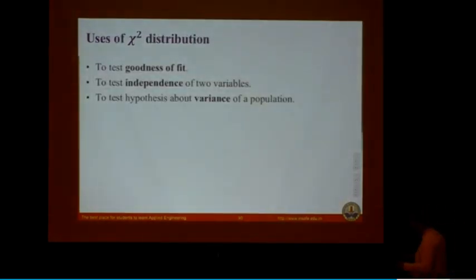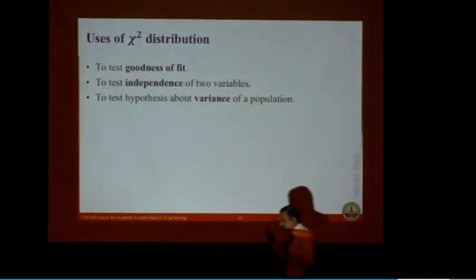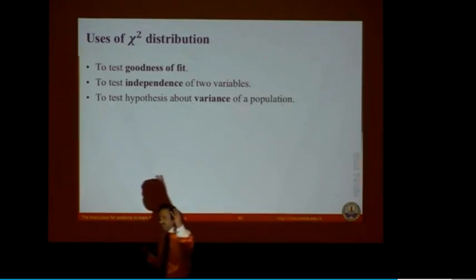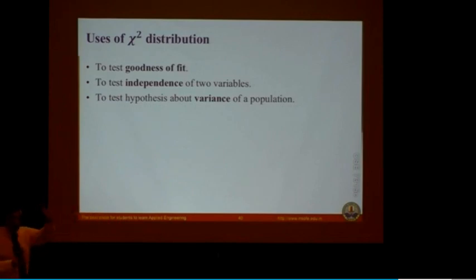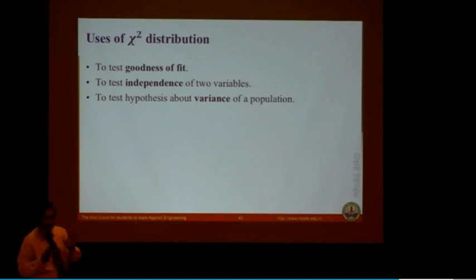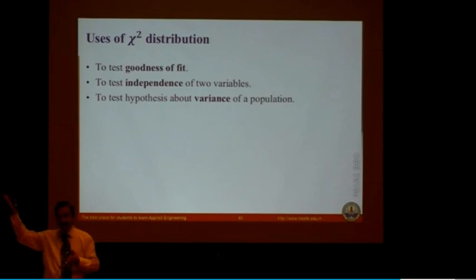So, chi-square distribution, we will come back to solving that problem. Chi-square distribution is used for 3 purposes: to test for goodness of fit, to test for independence of 2 variables, and to test something about a population variance. You have a sample variance, and you make an inference about a population variance, not a mean.